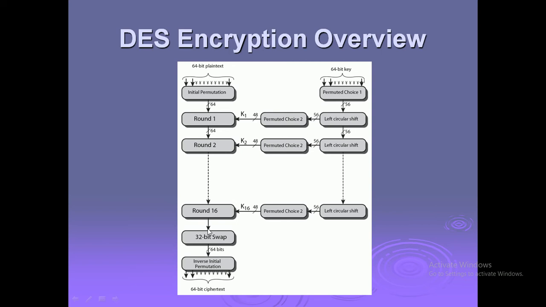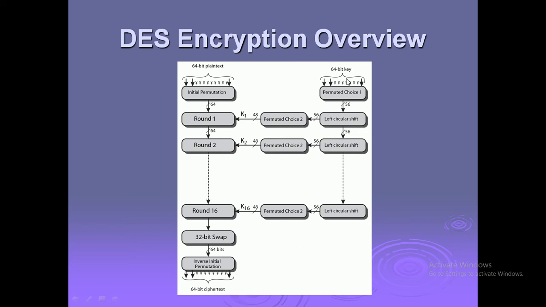After 16 rounds, the output of the last round goes through a 32-bit swap, and this step is also called the pre-output. Then the pre-output is input to the inverse initial permutation, and we get a 64-bit ciphertext.